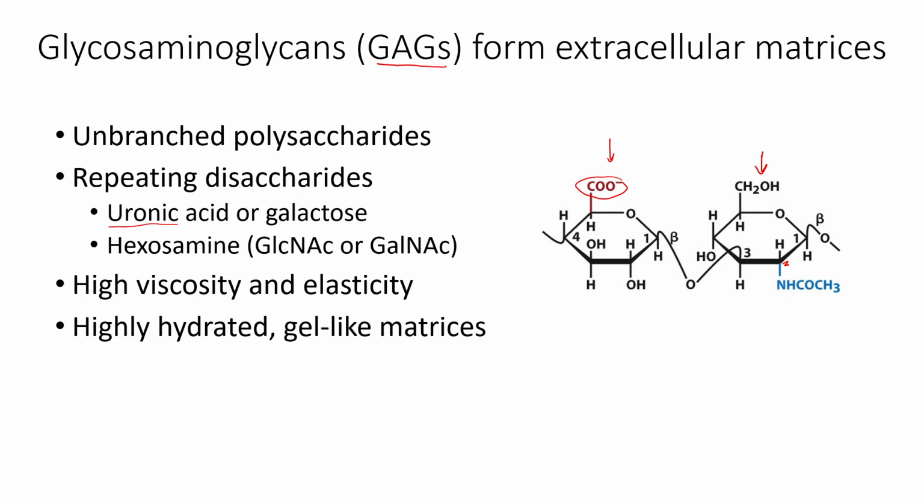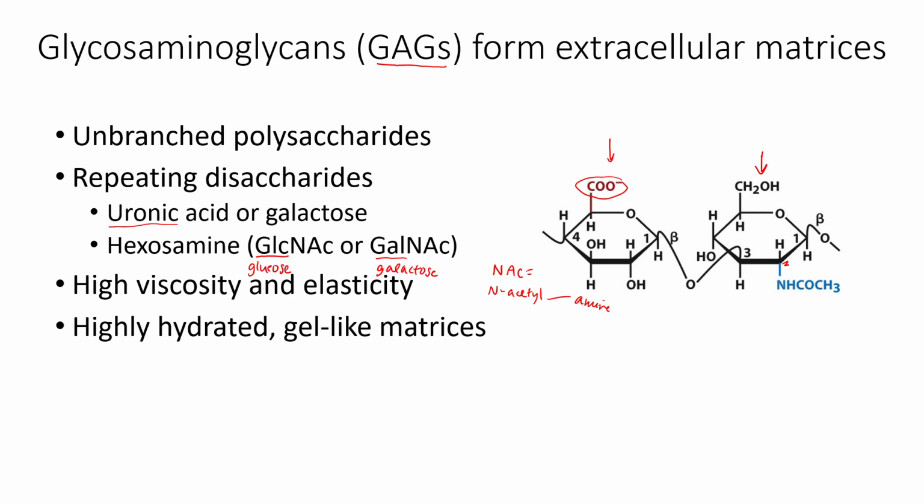If we see here, GLC means glucose, GAL means galactose, and NAC means N-acetyl, whichever sugar amine. So N-acetylglucosamine or N-acetylgalactosamine.